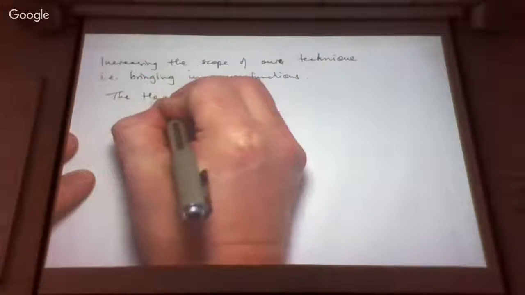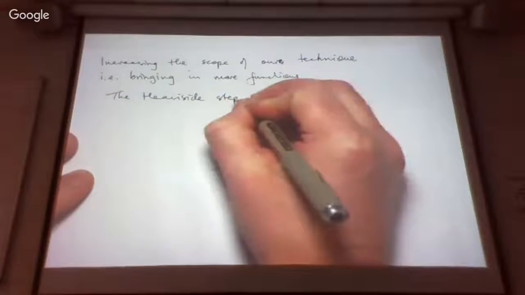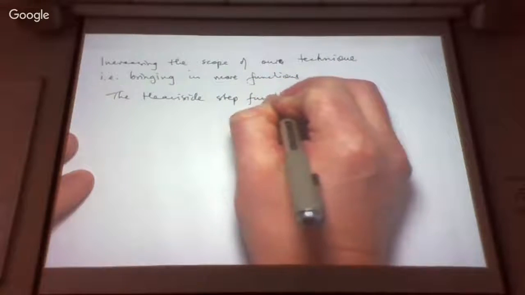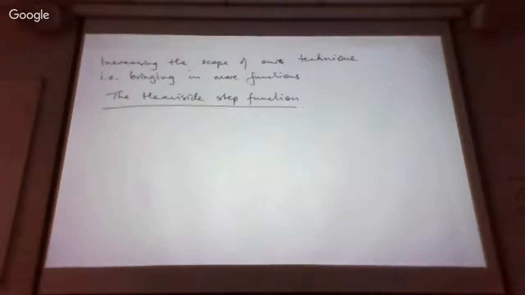Okay, so the first function we're going to look at is called a Heaviside step function. It's named after this English engineer, mathematical engineer called Heaviside. Now, in some ways, this is an extremely, almost insultingly simple object. Okay, it's a function.